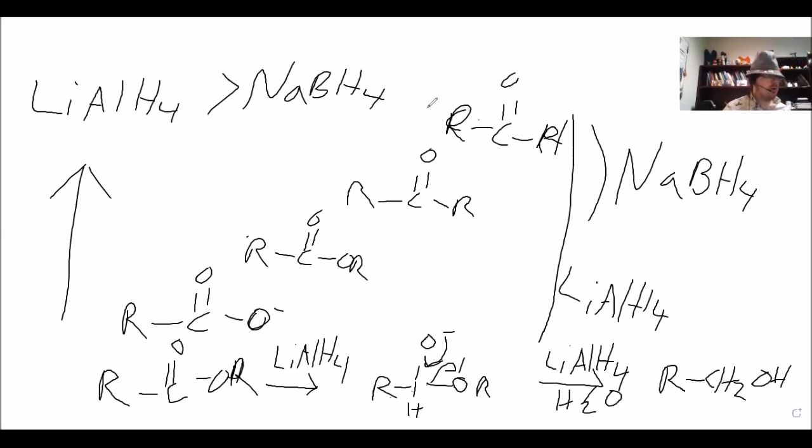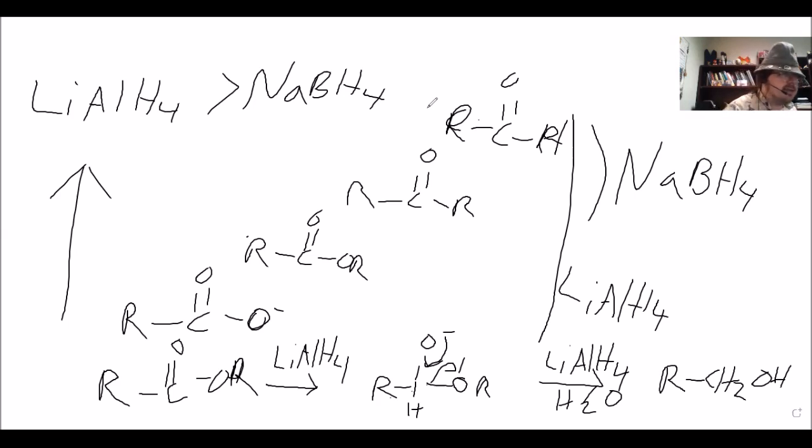And you may say, well, Andrew, then why don't we just add less lithium aluminum hydride? Well, then the problem becomes aldehydes are still more reactive than an ester. So the second you reduce the first guy down to an aldehyde, you're going to react that fully to conclusion.